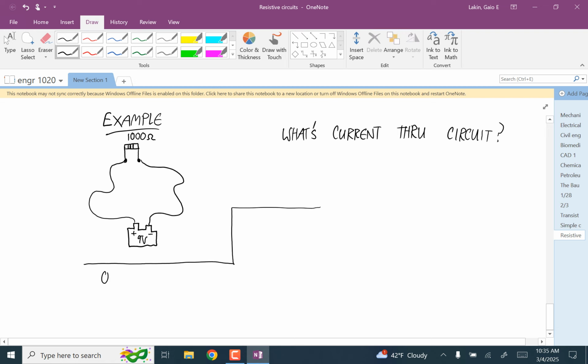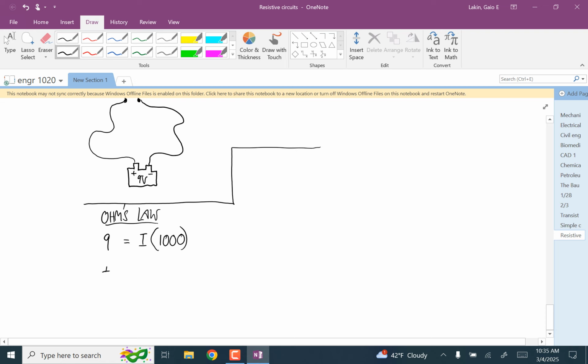Well, Ohm's law says that 9 volts is equal to the current times the resistance, and the resistance is 1,000 ohms. So now you can calculate the current is equal to 9 1,000ths, or 0.009 amps.